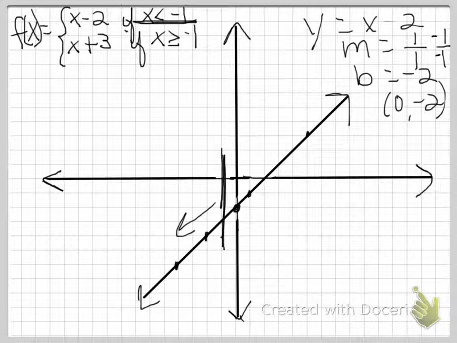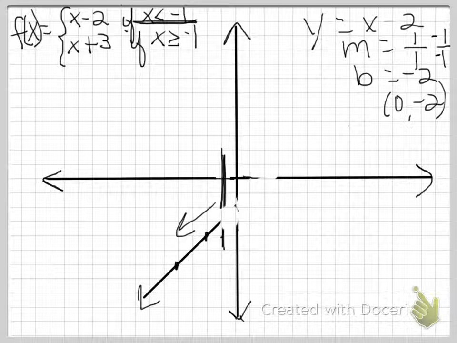So everything to the right of it we need to erase. And I kind of erase that, but it's less than -1, so it's an open circle at -1.